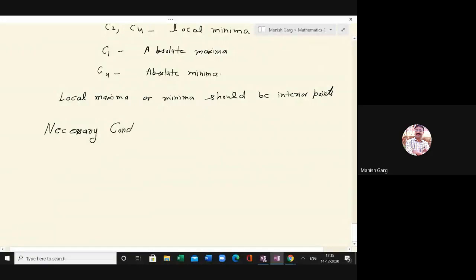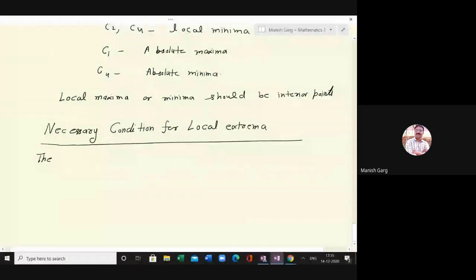You know this condition, the necessary condition for local extrema. It means local maxima or minima. This theorem says let you have a function f from I, a subset of R, to R, I being an interval.